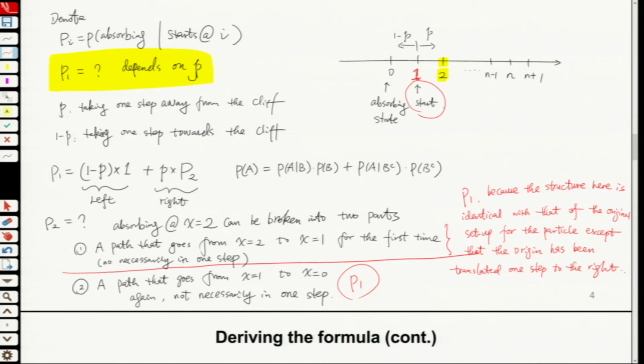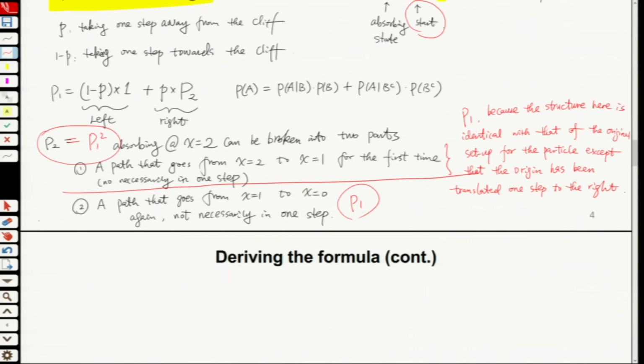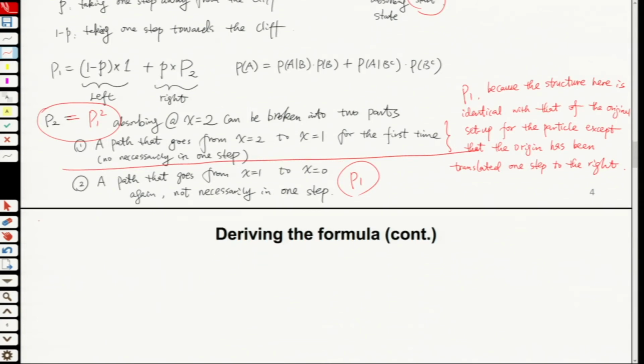So P2 is actually P1 squared. P2 is equal to P1 squared. Okay, now it's much easier for us.